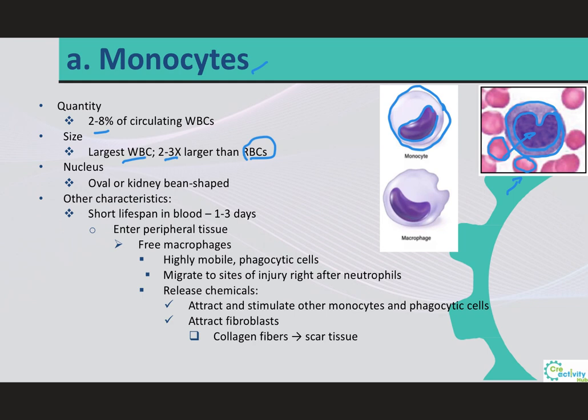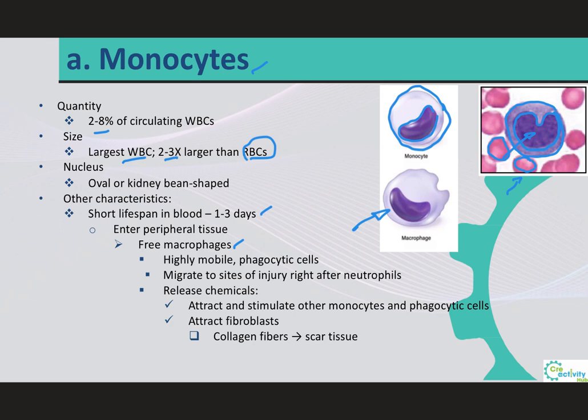Monocytes circulate for just a few days before entering the peripheral tissue, and outside the bloodstream, the monocytes are called free macrophages, which we can see here in this image of a macrophage.